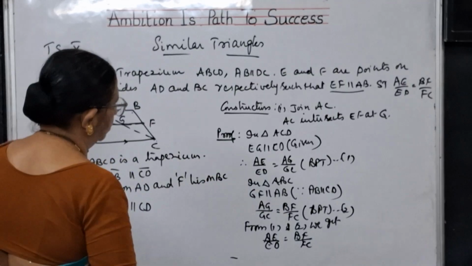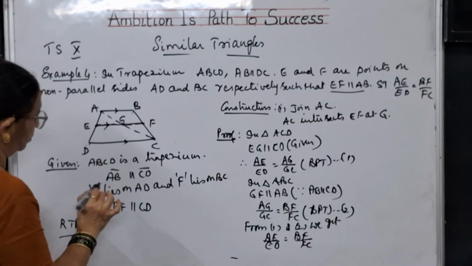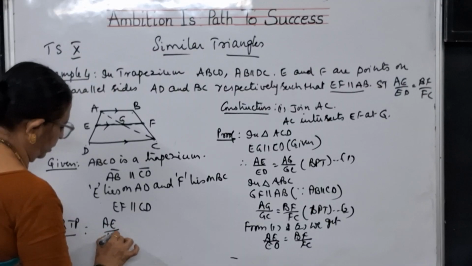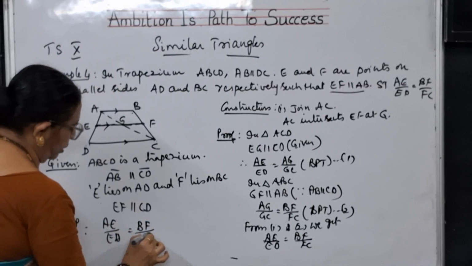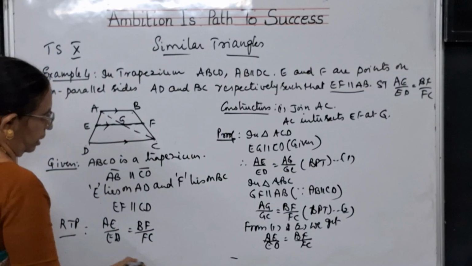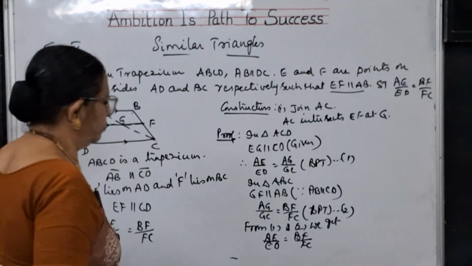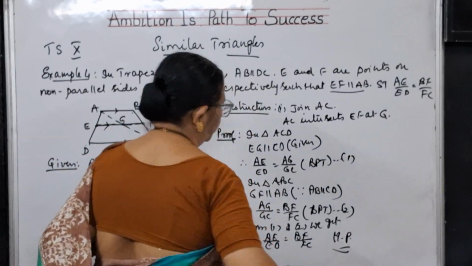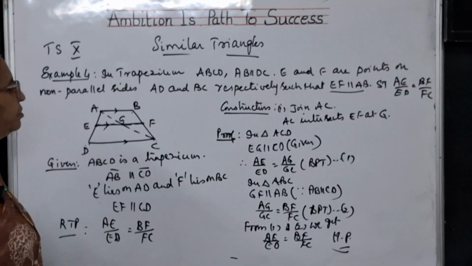RTP. Oh, here I have not written RTP. RTP is nothing but AE by ED is equal to BF by FC. We have proved. Hence proved. This is the proof for this problem, example 4.